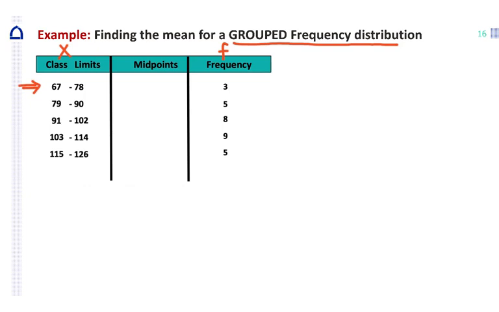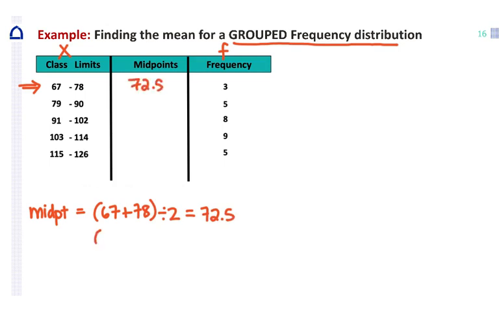So what we have to do first is find the midpoint. To find the midpoint of any row, you just add up the lower bound and the upper bound and divide by 2 to get the midpoint, which in this case is 72.5. So that's the first midpoint. And we continue to do that for each row. 79 plus 90 divided by 2, and we get 84.5.